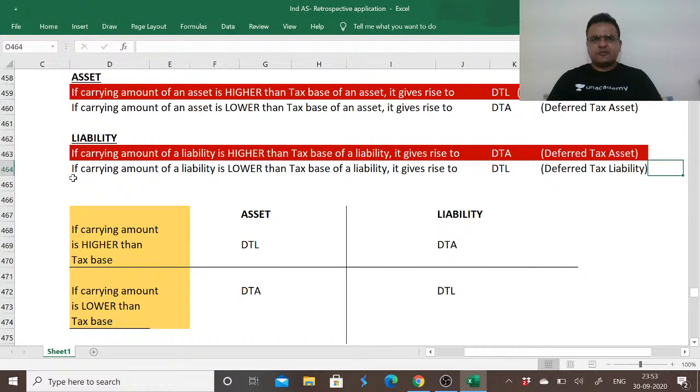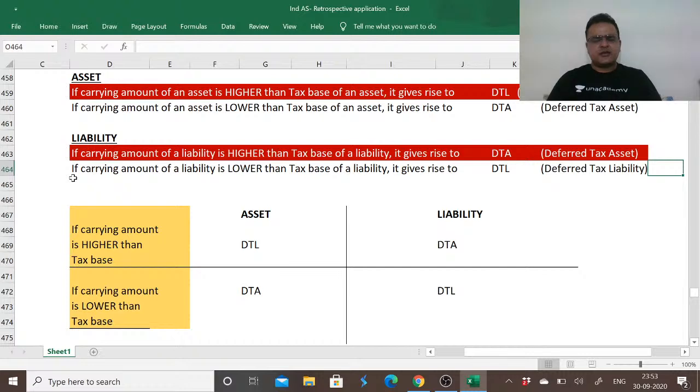Lower than tax base, it will give rise to deferred tax asset, opposite of what happened when we compared the carrying amount which is higher than tax base. So if you know one principle, it will be exactly opposite of what happened with asset. If carrying amount of an asset is higher than tax base of an asset, it gave rise to DTL. In case carrying amount of a liability is higher than tax base of liability, it will give rise to DTA.